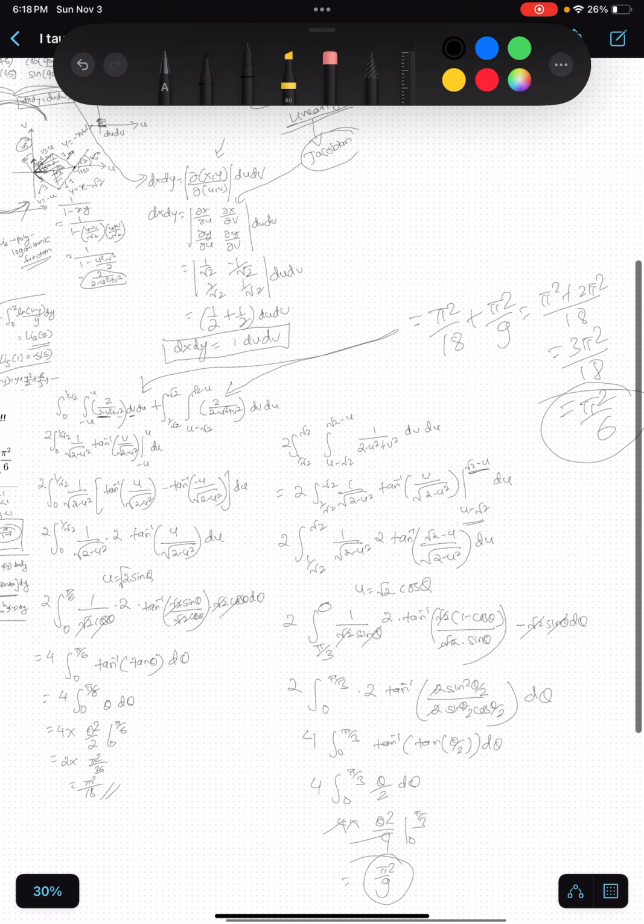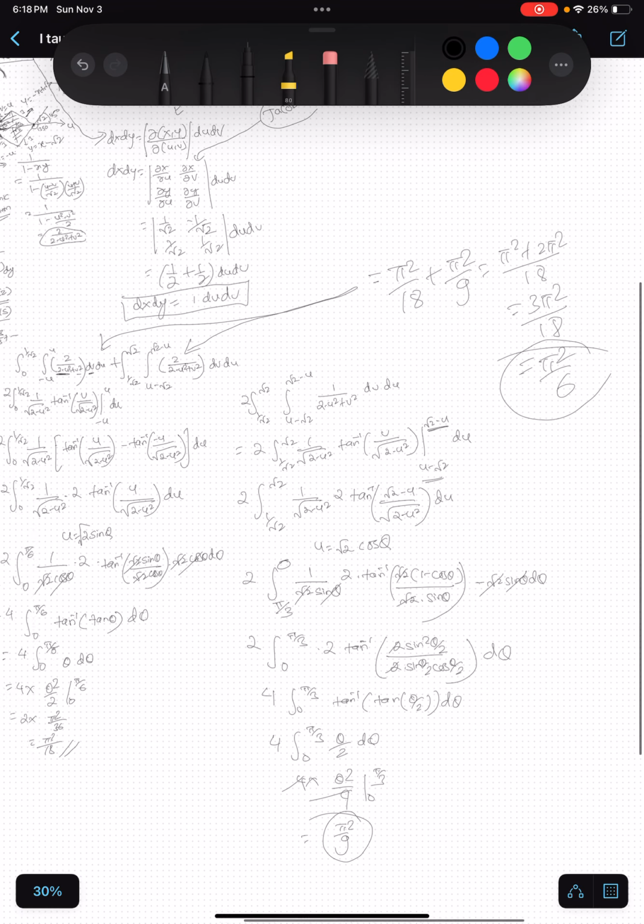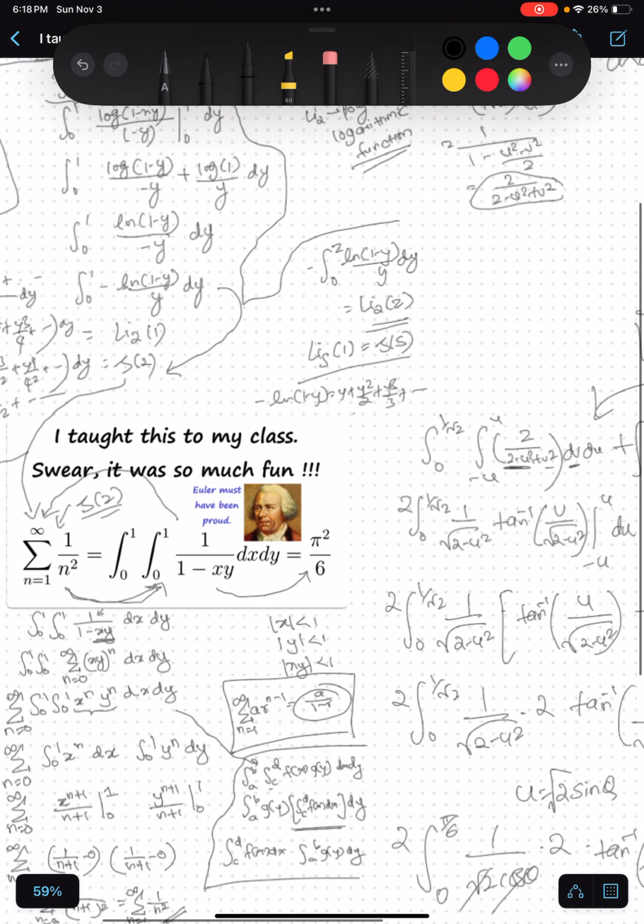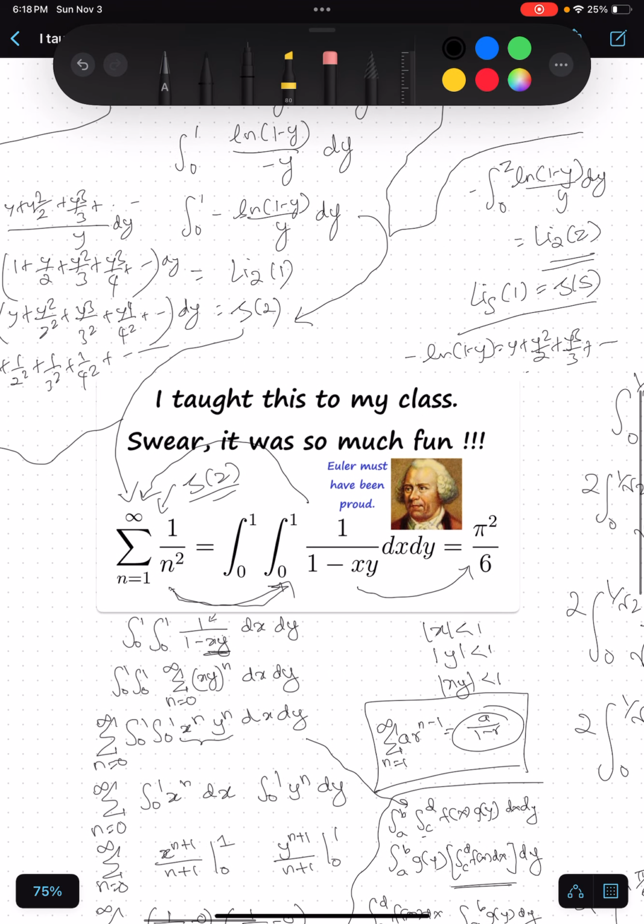And this solves the integral over here, pi square by 6, also this sum, and a lot of other cool results. So we have finally proved it.